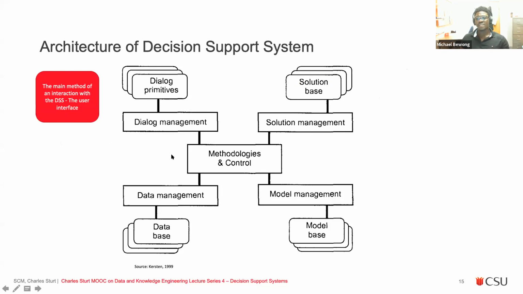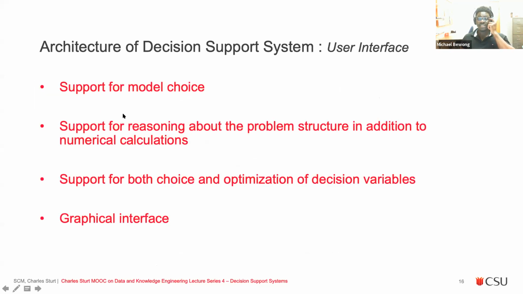Because of that, we need to ensure that it satisfies certain characteristics. For example, it needs to support model choice. The user needs to be able to decide which model he or she is going to use for solving the problem. Of course, you can define default models, but ultimately it is useful to allow the user to decide which models to use for a particular problem, because the user may use background knowledge, experience, or some knowledge that is not available to the decision support system.